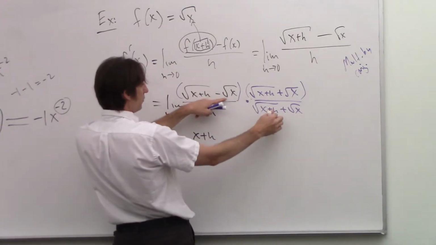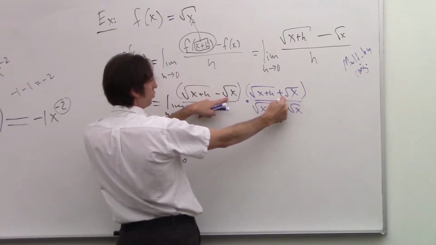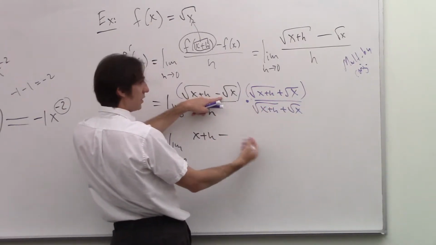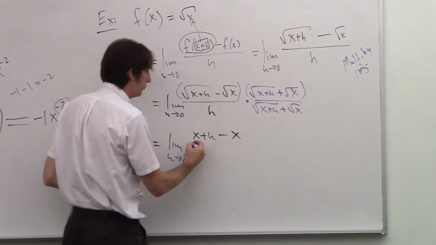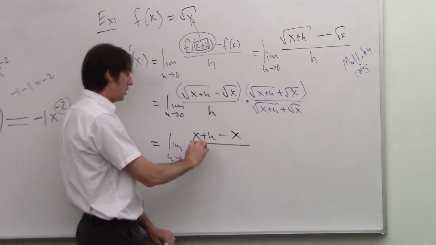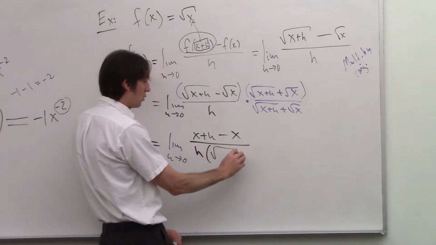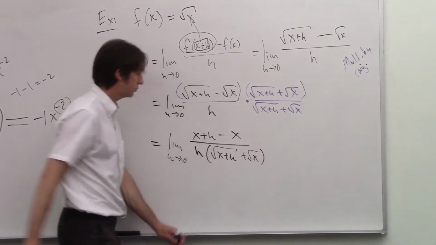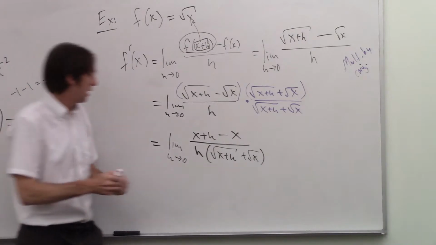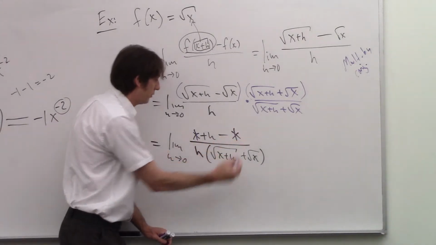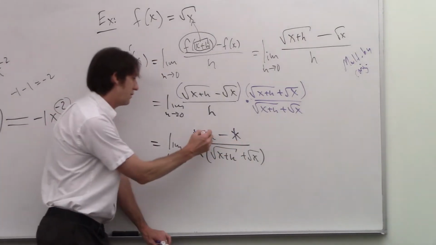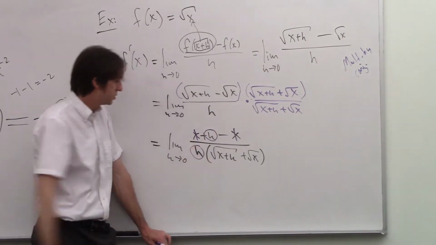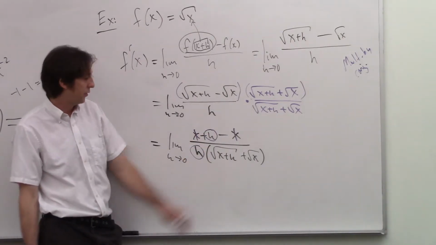And then we have minus square root of x times plus square root of x, so that gives us a minus just x. In the denominator, I have an h times the quantity square root of x plus h plus square root of x. In the numerator, x minus x is 0, so that goes away. I'm left now with h divided by h and something else in the denominator.